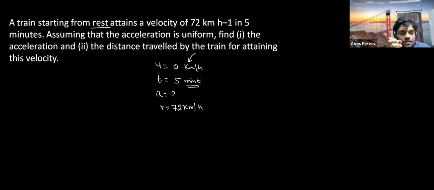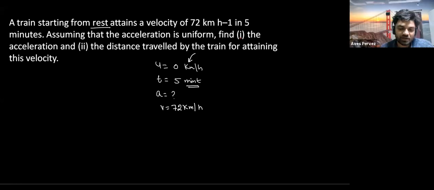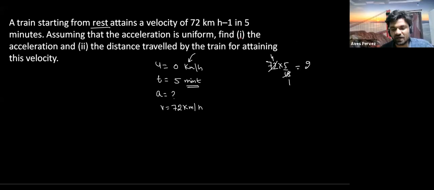Tell me, beta. Yes, 20, very good. This will be 20 meter per second. How do we know this? This is 72 into 5 by 18. 18 fours are 72, so 4 into 5 you will get 20 meter per second.